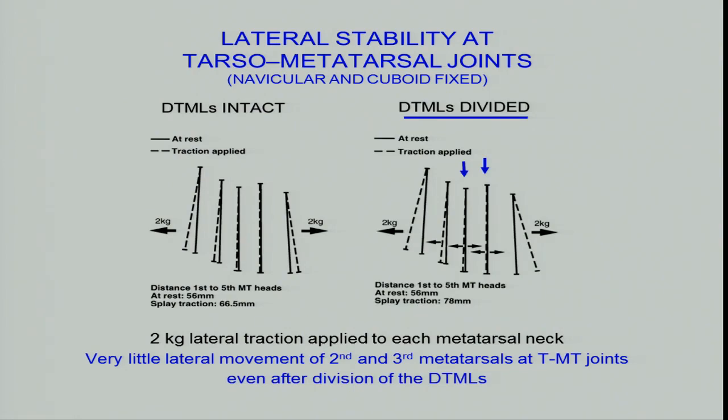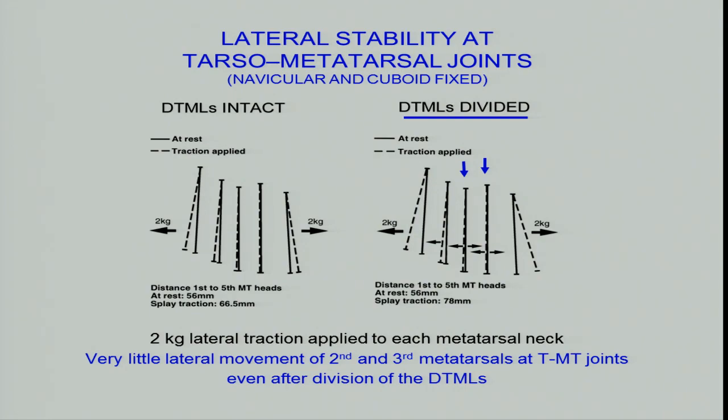And then we divided the deep transverse metatarsal ligaments. And immediately, the first metatarsal swung away quite markedly, just as though we'd given them hallux valgus, as it were, and the first metatarsal drifted medially. The second and third were hardly altered at all. They were still stable relative to the navicular and the cuboid.